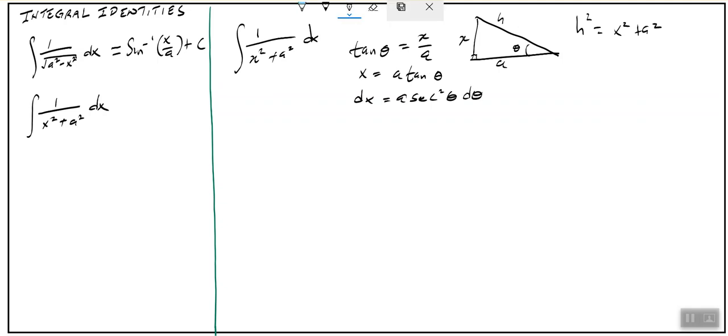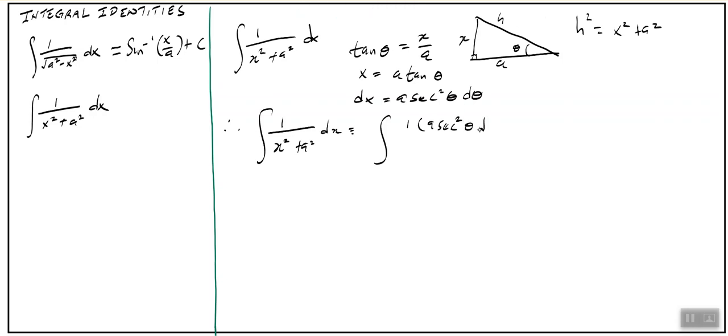Therefore, the integral of 1 divided by x squared plus a squared dx is the same as the integral of 1 multiplied by a secant squared theta d theta, divided by, instead of x squared, a squared tan squared theta, plus a squared.